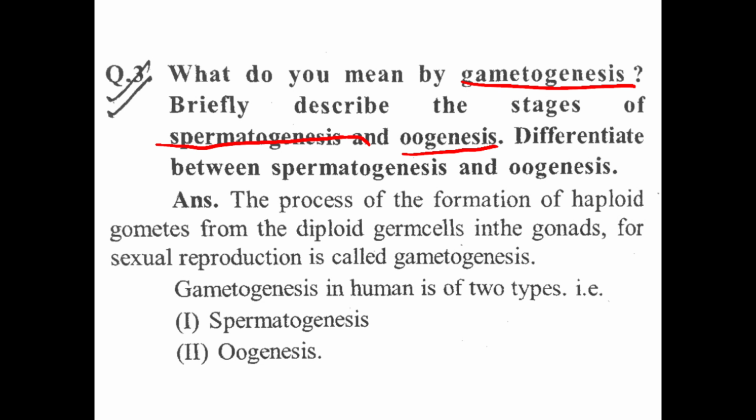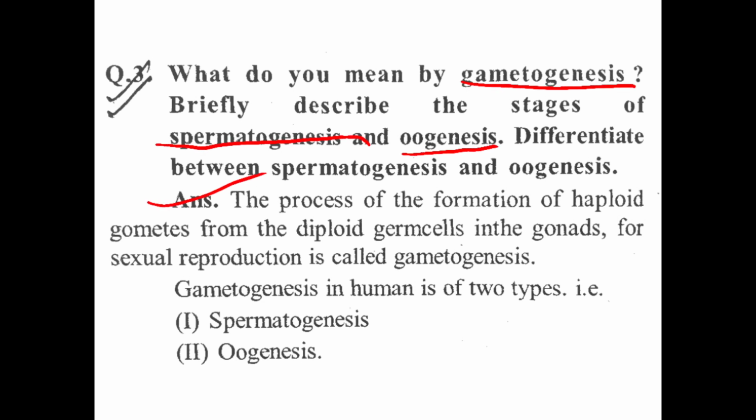So a question arises in our mind: what is gametogenesis? Simply, the formation of gametes is known as gametogenesis, or the process by which haploid gametes are formed from the diploid germ cell of the gonad. What is the definition?